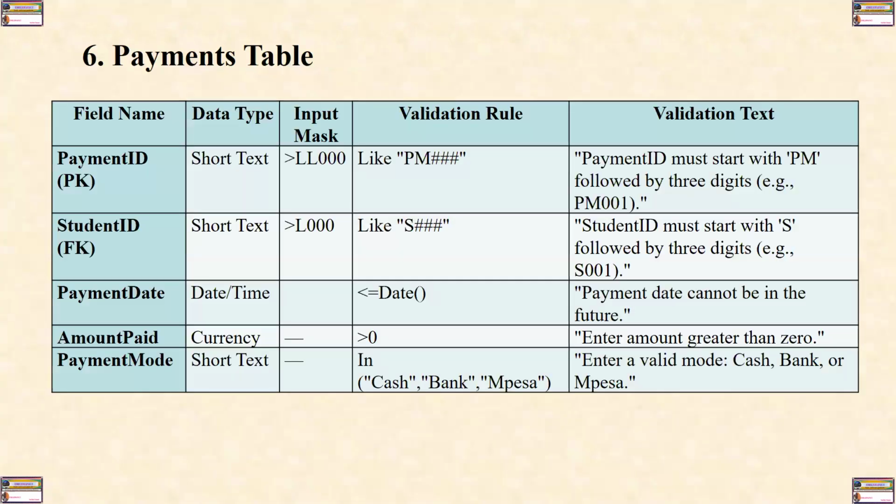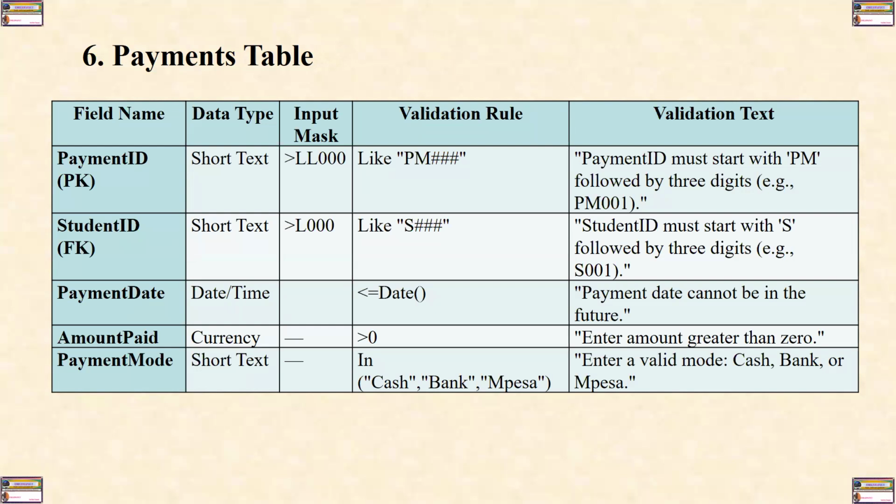Then, for the payments table, the payment ID must begin with PM, followed by 3 digits, like PM001. And therefore, the input mask is, you can see, greater than symbol followed by 2 capital L's, meaning 2 letters of the alphabet, and these 2 letters must be converted to uppercase, followed by 3 numbers. And the format is like PM, followed by 3 numbers.